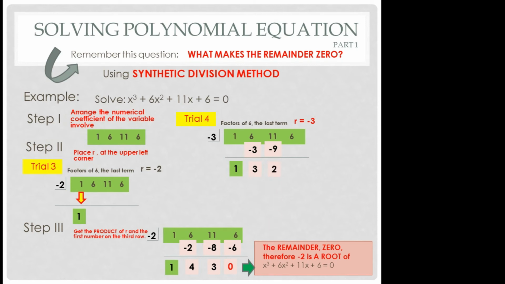Positive 2 times negative 3, the value of our r, is negative 6. 6 combined with negative 6 is 0. Since the remainder is 0, therefore negative 3 is a root of x cubed plus 6x squared plus 11x plus 6 equals 0.